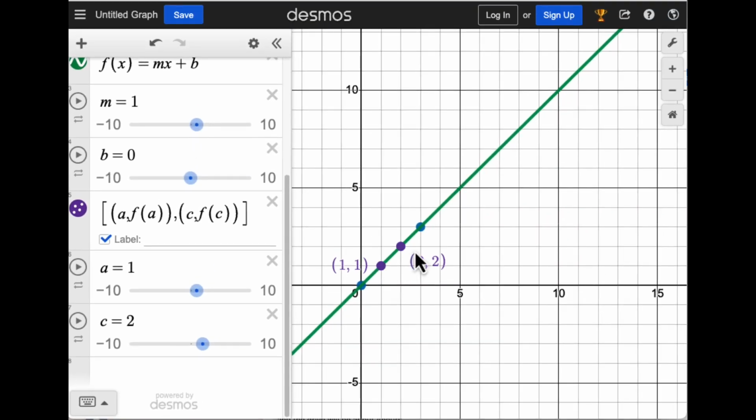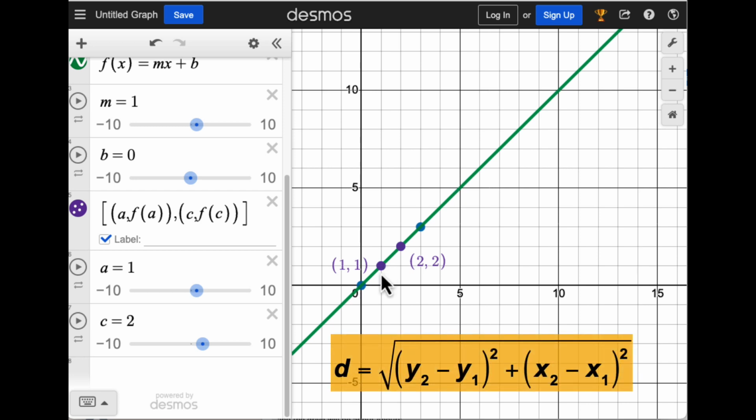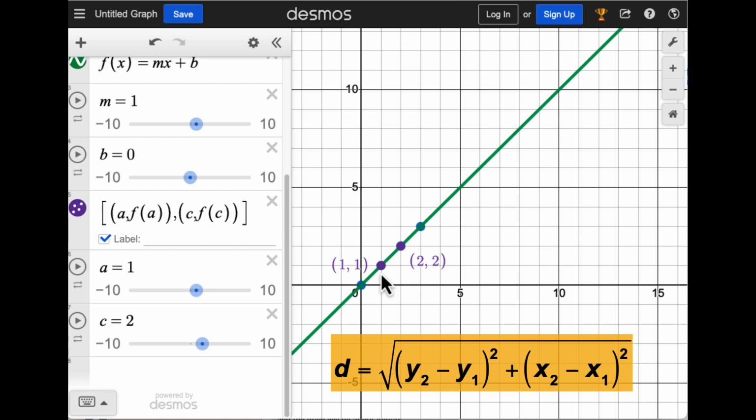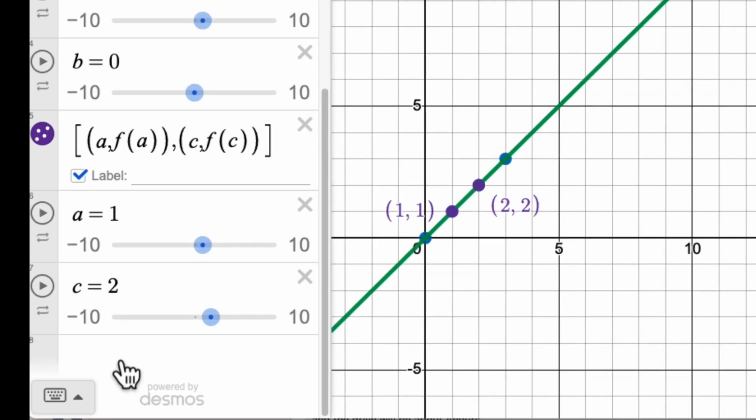Let's find the distance between these coordinates. Use the distance formula as shown here. The distance formula is the square root of these expressions, the difference between the y-coordinates squared and the difference between the x-coordinates also squared. So input this expression.